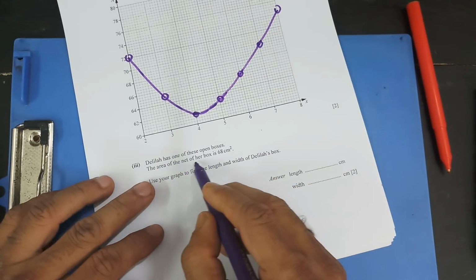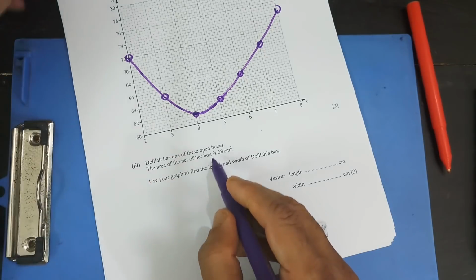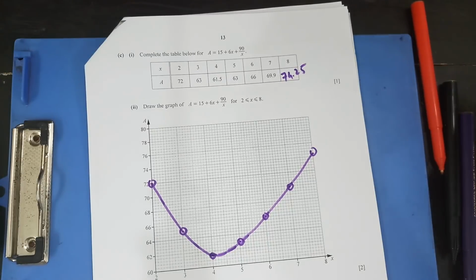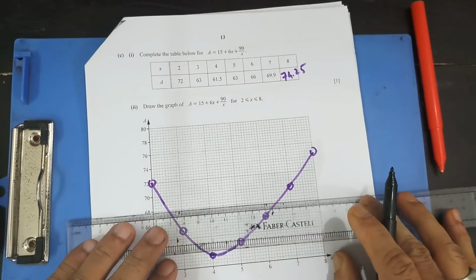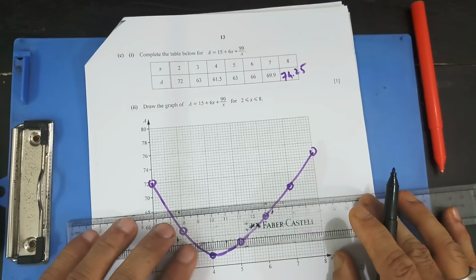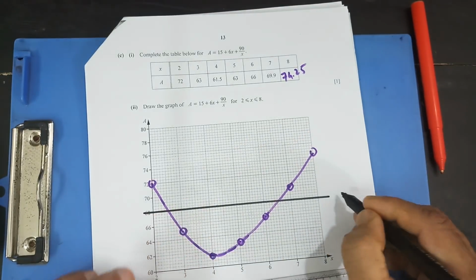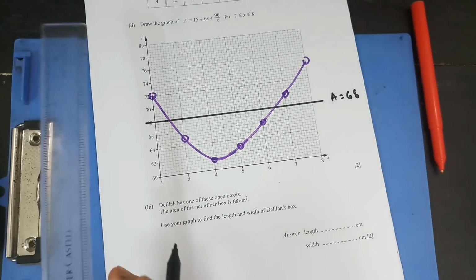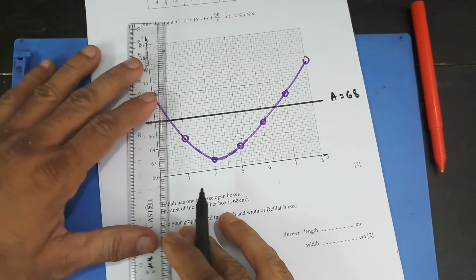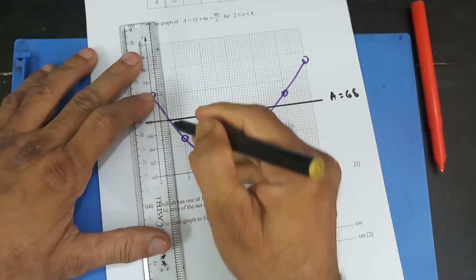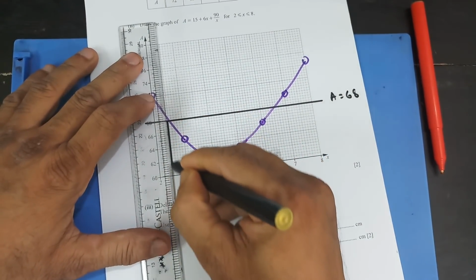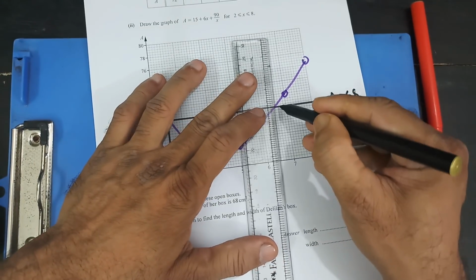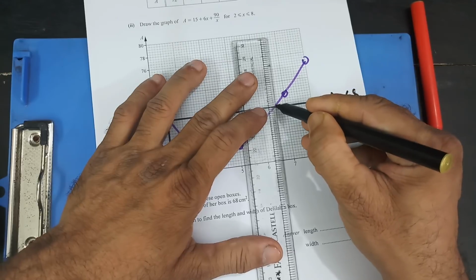Delia has one of these open boxes. The area of the net of the box is 68 square centimeters. So area is shown on the vertical line, so I'm going to draw this 68 line over here, A equal to 68. Then use your graph to find the length and width of Delia's box. I'm going to join this over here, and then this one is right over here.